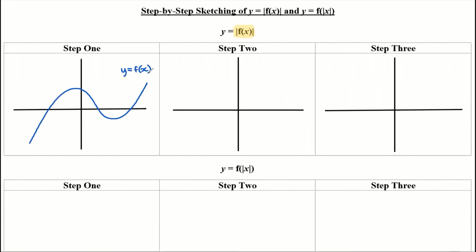Now then, so the first step, of course, is just to sketch y equals f of x. That's the first step. Without the modulus, just so we can see what the function looks like. And f of x should be something you're familiar with. It might have a transformation or two in it, but it was something you can sketch.